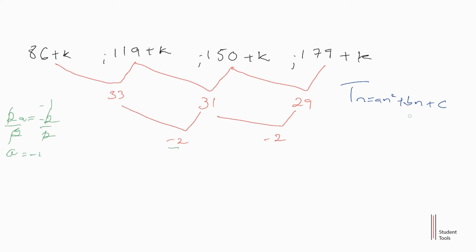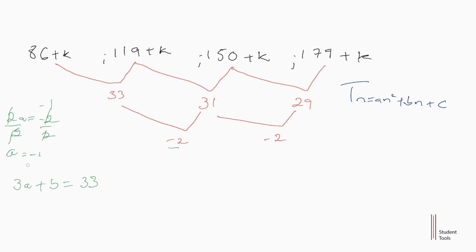And then we have b. So to determine b, we have a formula which is 3a plus b is equal to the first difference of the first differences. So that is 33 in this case. And in this formula, we have 3a. So with a, we already know the value of a.